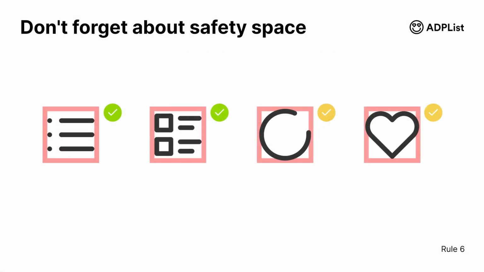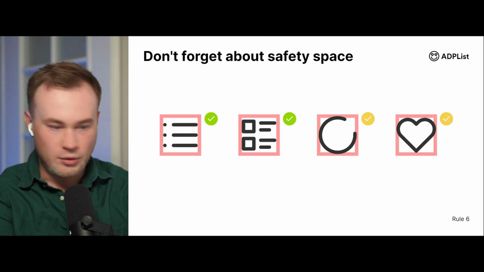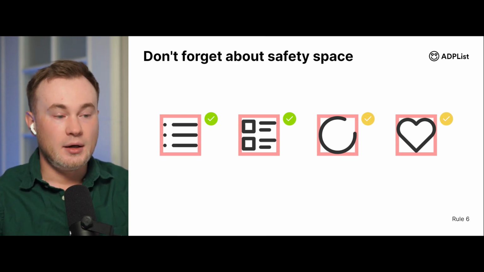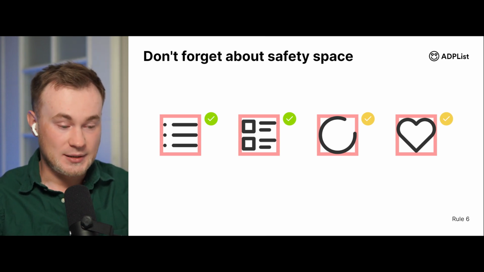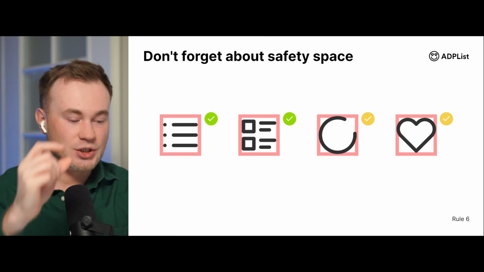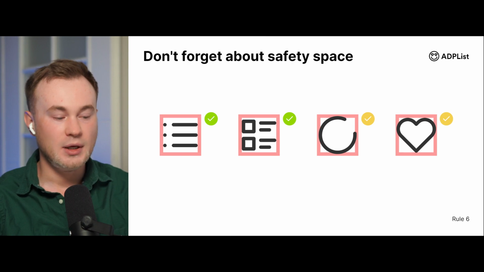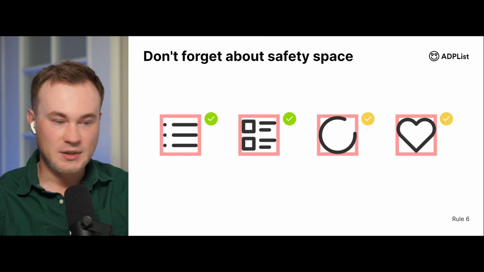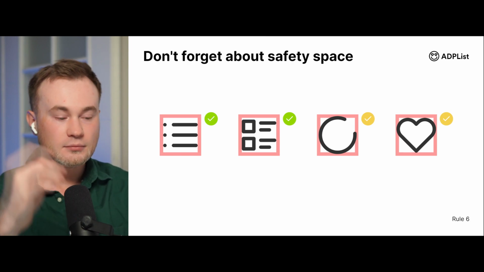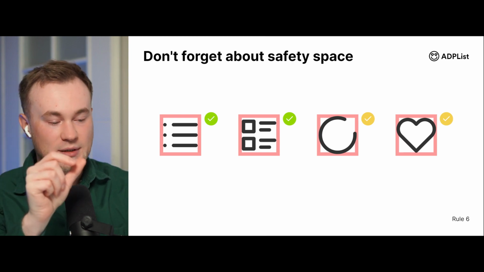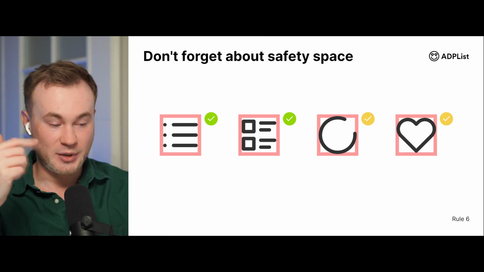Next one, this is the most useful if you just start to create your own icons. Don't forget about safety spaces. Safety spaces are just little gaps. Okay, we have, for example, a 24 pixel cell for an icon, and you have 2 pixels on the left, on the right side, on the top and the bottom.